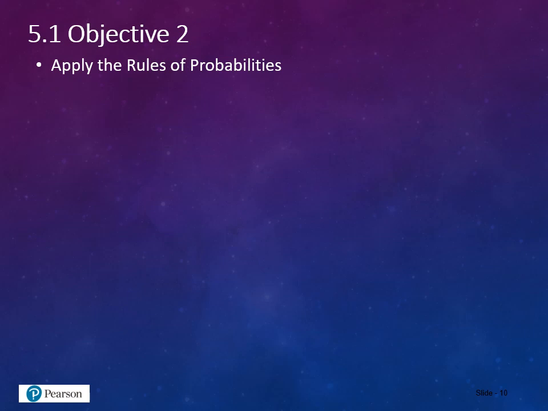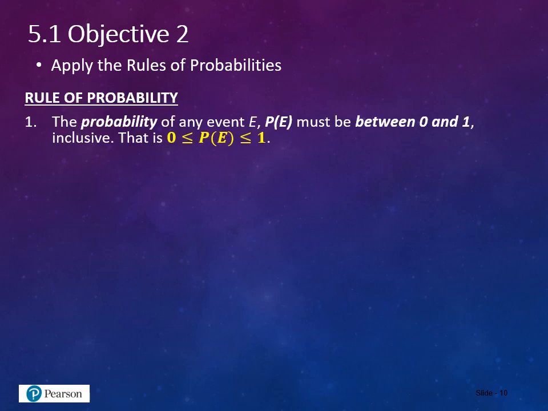Our second objective is to apply the rules of probability. The first rule of probability says that the probability of any event, denoted P(E), must be between 0 and 1. That is, 0 ≤ P(E) ≤ 1.